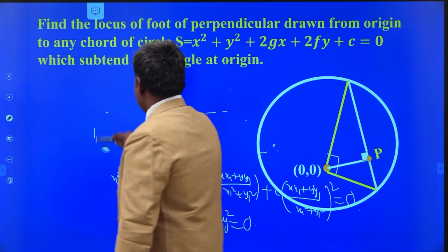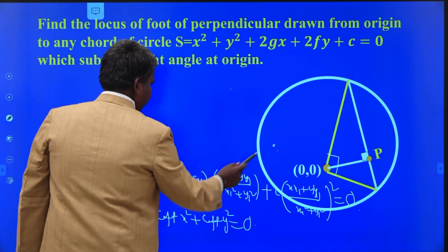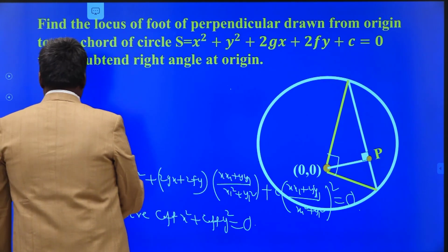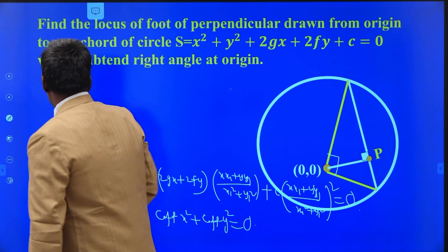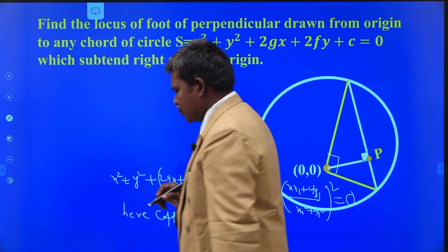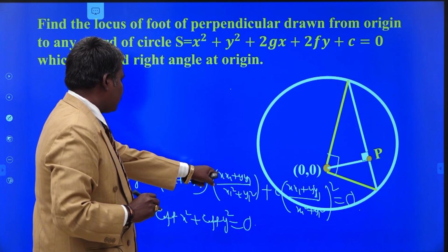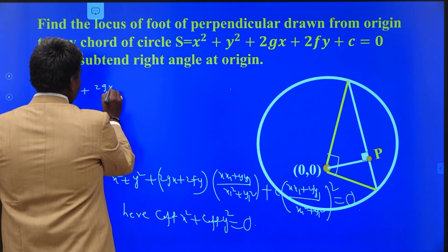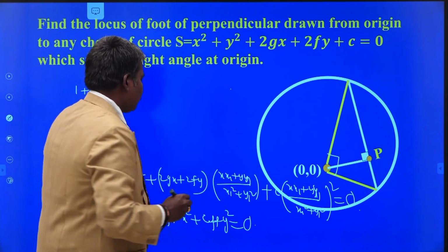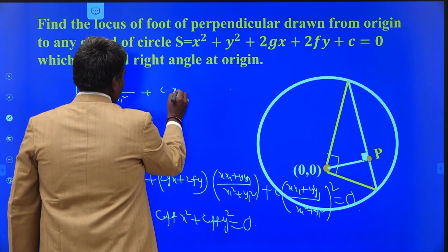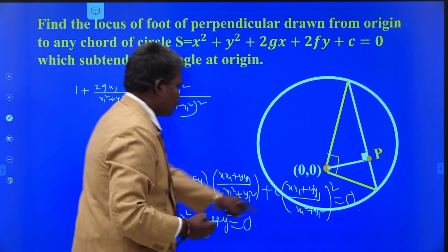What is the coefficient of x square? 1 plus 2gx1 by x1 square plus y1 square, plus cx1 square by x1 square plus y1 square whole square, because the square is there.